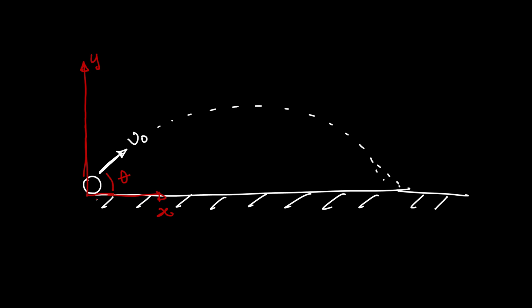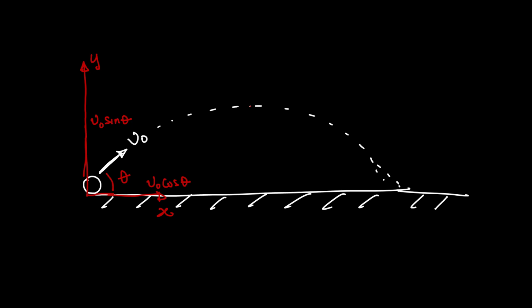What this exactly means is we can resolve the initial velocity into 2 components. You have the component along the x direction, this will be v naught cosine theta, and the component along the y direction, this is v naught sine theta.